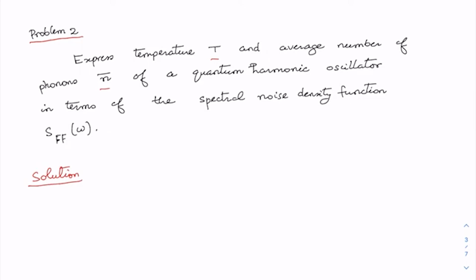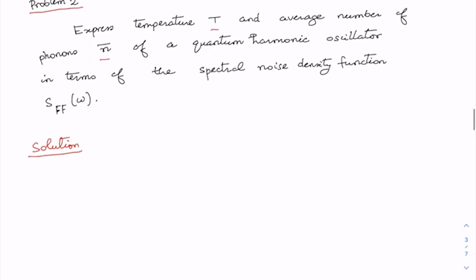Now please refer to lecture 28, the lecture class, where we obtained these expressions for spectral noise density as S xi xi of omega, where xi is the Langevin noise. This was equal to twice m gamma m h cross omega, where gamma m is the dissipation rate of the mechanical oscillator, into n of omega, that is the average number of phonons or quanta of the harmonic oscillator.